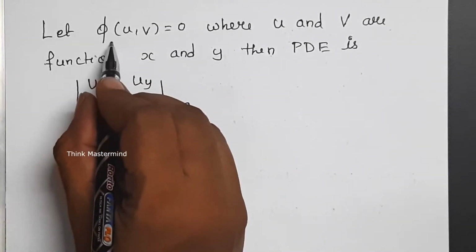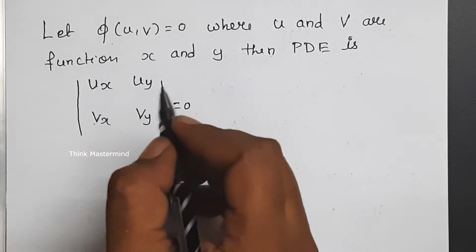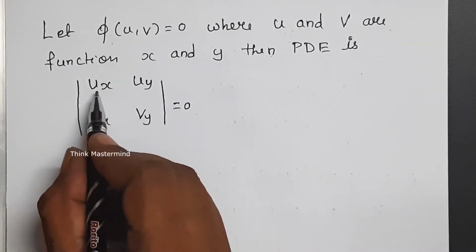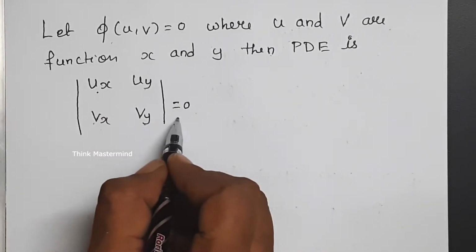Any equation of the form phi of u comma v is equal to 0, the partial differential equation is the determinant of ux, uy, vx, vy is equal to 0.